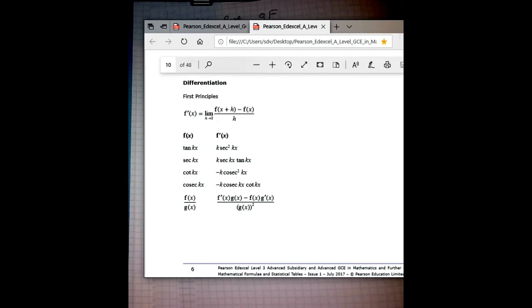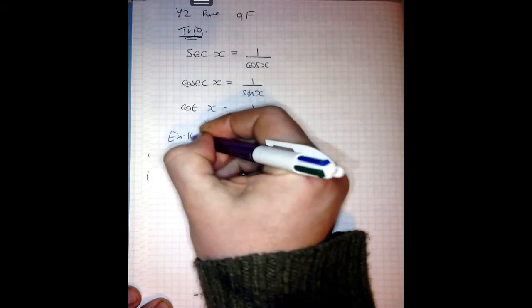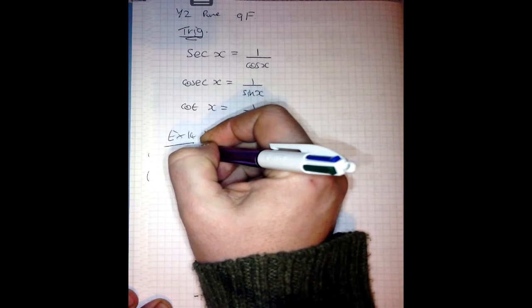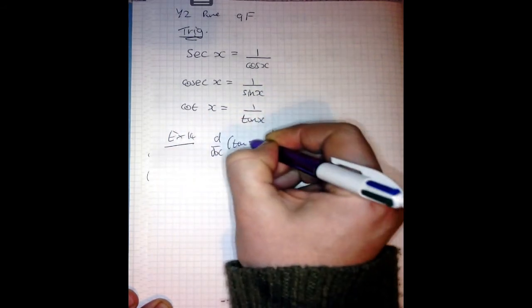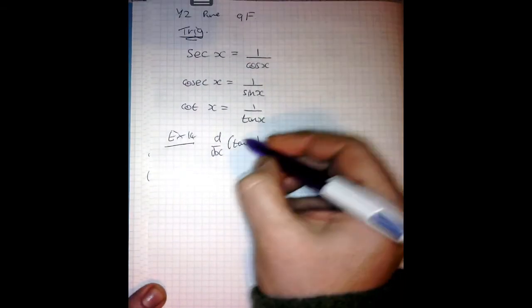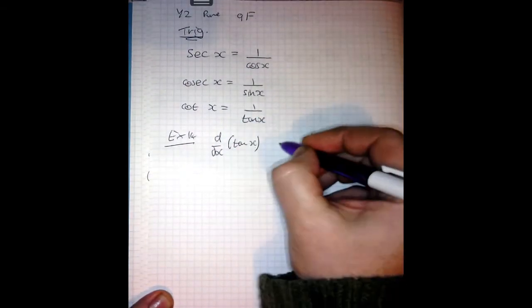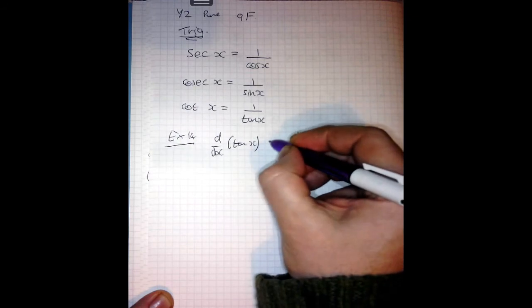Example number 14. Find the derivative of tan x. Well, if we express tan x as sin x over cos x, then we can use the quotient rule here.